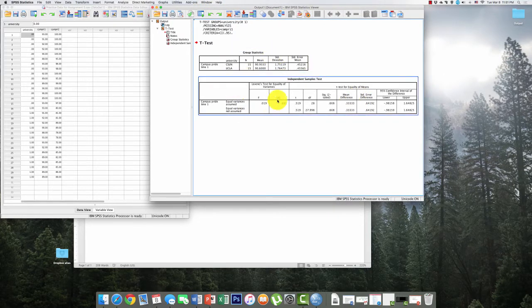So this is what I got. You'll see that the sig value is greater than 0.05. So my UCLA group and my CSUN group are similar. What an independent samples t-test does is look at differences between means.